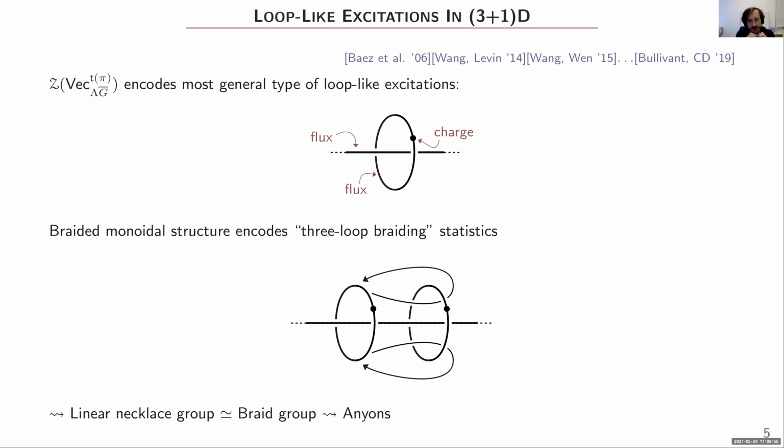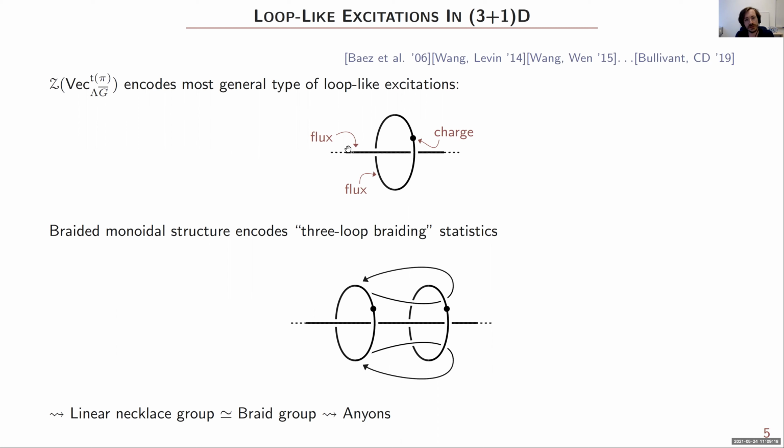So let me clarify something else: this category we found encodes the most general type of loop-like excitations. So what are these loop-like excitations? They correspond to loop-like fluxes to which charges are attached while being threaded by another flux.